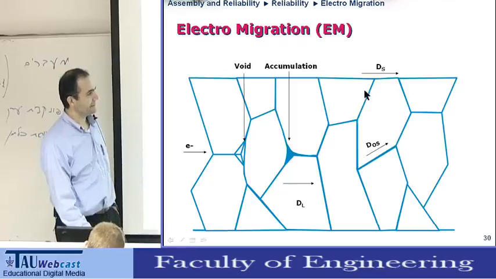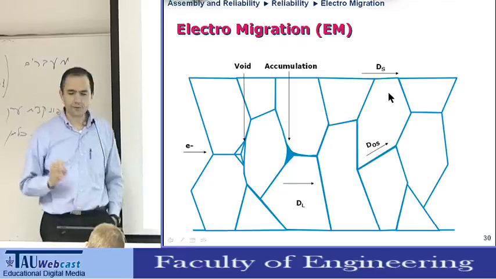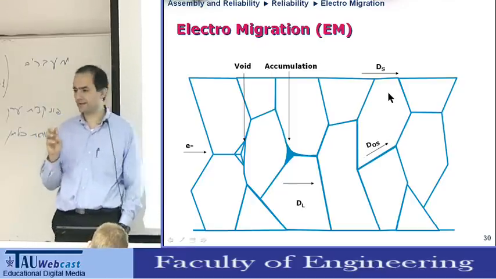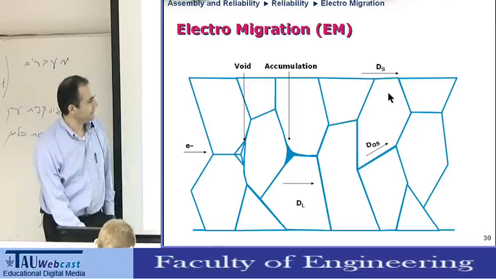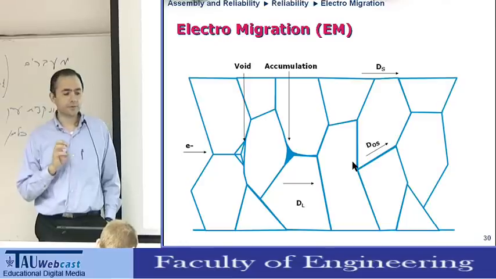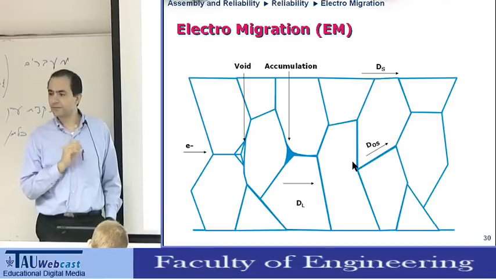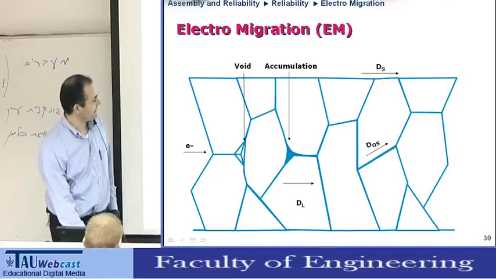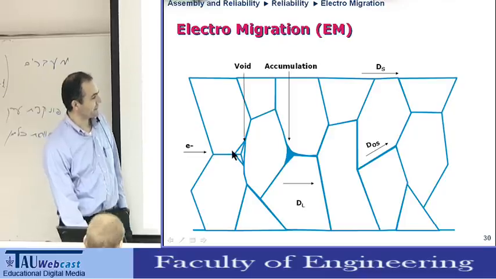So the metal line is formed by several crystals. And what happens is that the current goes through the crystals and also through the interface. And sometimes more current flows through the interface.